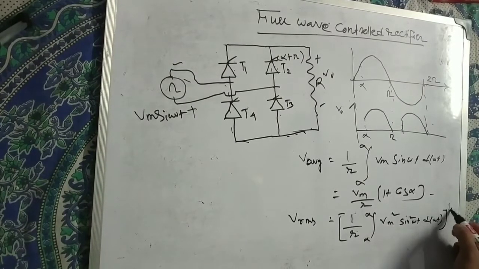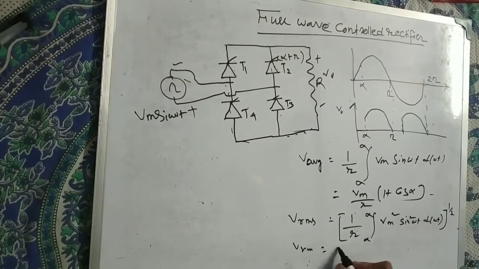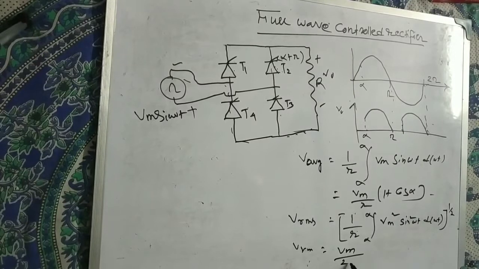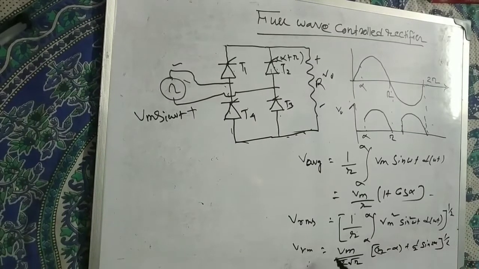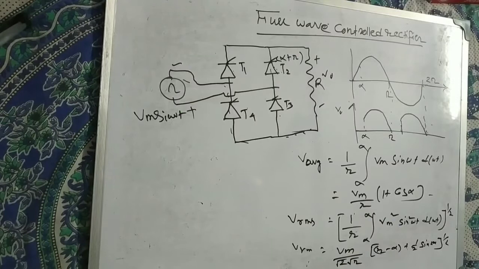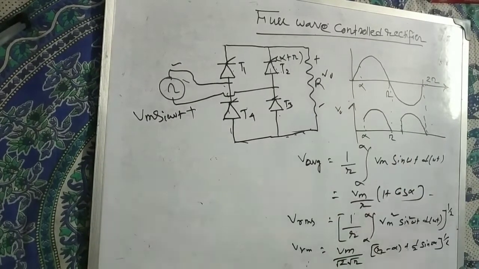The RMS value of voltage will be Vm by 2 times root of 2 by root pi minus alpha plus half sin 2 alpha. You have to remember this formula. This case is when the load is purely resistive.